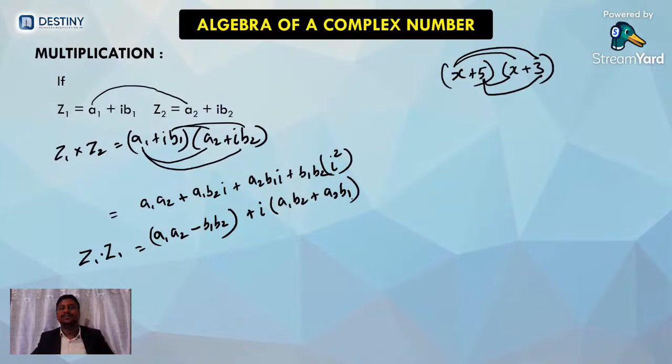That's it. So I forgot to tell about i square. So you just multiply the same thing. If you multiply, you will get the answer. That's it. Did you understand? Fine.